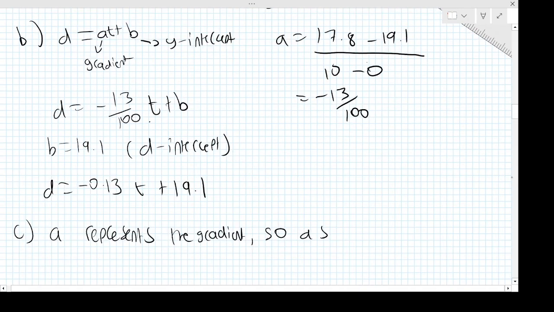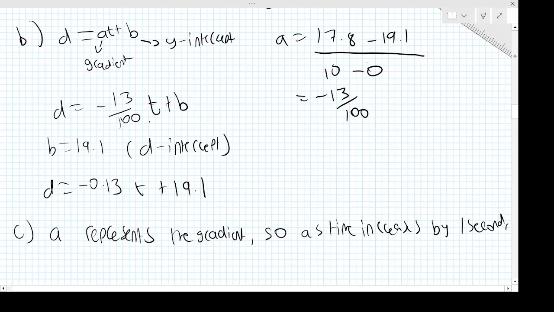So as we increase by 1 second, as time increases by 1 second, then the d value, d's depth, increases by a.